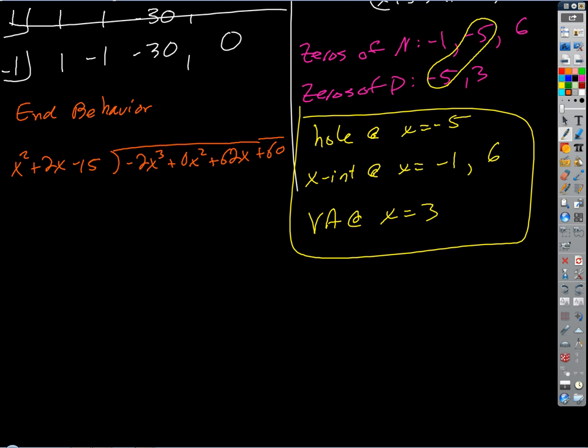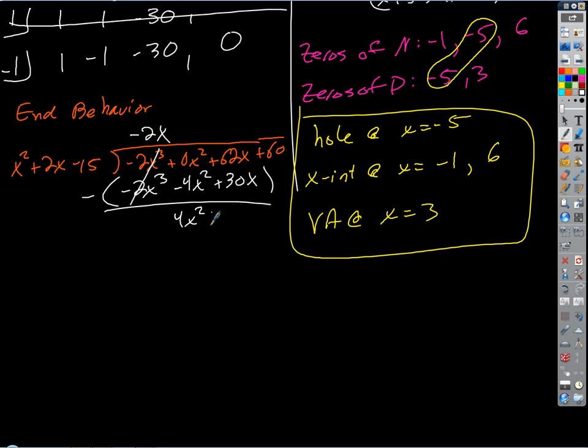So real quick, what do we get if we divide x squared into negative 2x cubed? How many times does it go? Negative 2x. Distribute that through. I get negative 2x cubed minus 4x squared plus 30x. I'll subtract. Those cancel. I get positive 4x squared, positive 32x.